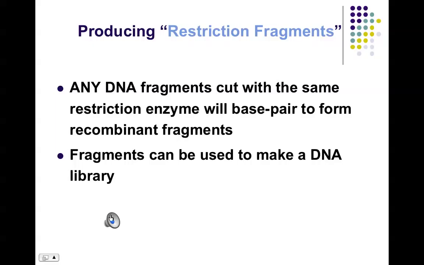Now we're going to find that if we take two sources of DNA, they could be two distinctly different sources of DNA, and we essentially nick or cut them using the same restriction enzyme, we're going to wind up with little tags or little pieces of sticky ends on the termini or the tip ends of all of the little pieces of DNA that essentially have the same complementary nucleotide sequences.